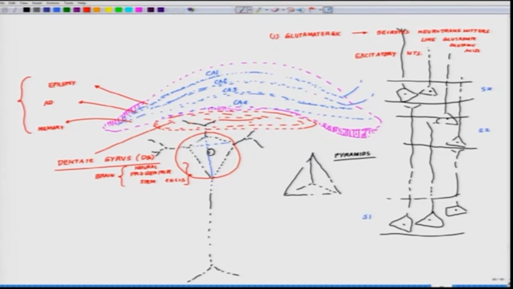NTs, I am just writing for neurotransmitters. Okay, this is glutamatergic, or they are GABAergic. They secrete GABA, gamma-aminobutyric acid, an inhibitory neurotransmitter. There is a third population, which is very controversial.